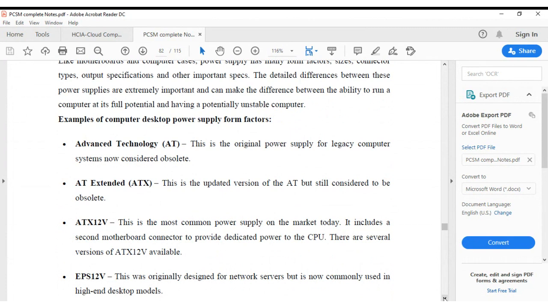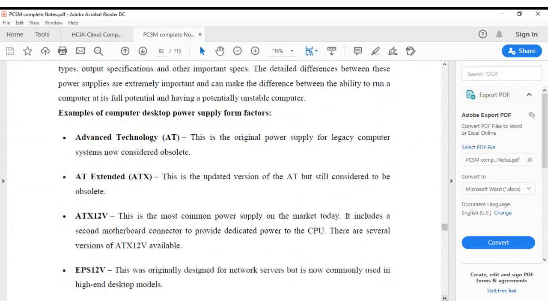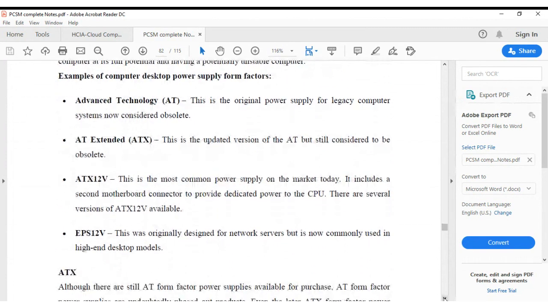Then we have Advanced Technology Extended, ATX. It is the updated version of AT, but still considered to be obsolete. Now, ATX12V. This is the most common power supply on the market today.